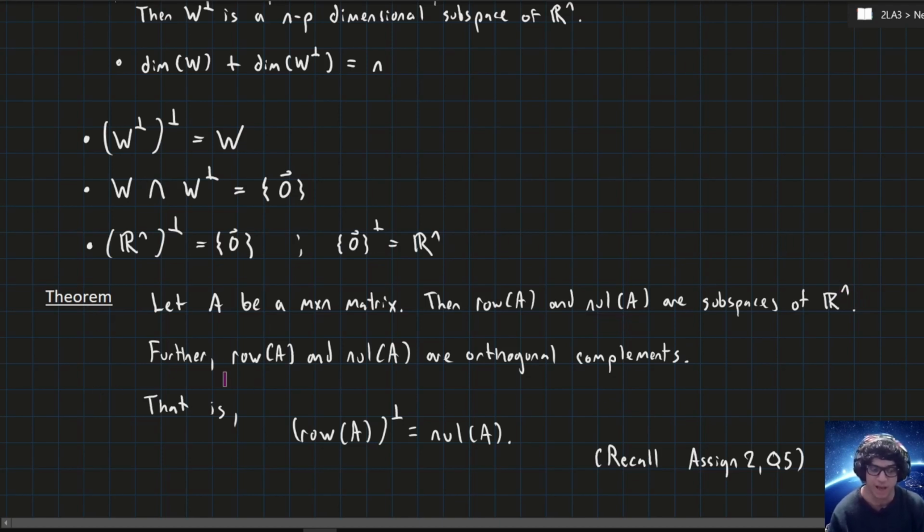Further, we know that these two spaces are orthogonal complements. That is, row space perpendicular is equal to the null space. Every vector in the row space is orthogonal to every vector in the null space, and vice versa. And that's a thing we proved in assignment 2, question 5.